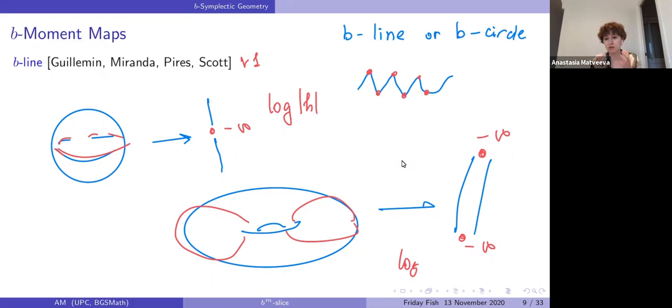Depending on the surface that you have, it will be either like this, or it will be a circle when you have, well, connected. And if you have high dimension, then it will be some kind of lattice. So for now, that's all we need to know about B and BM symplectic manifolds group actions there.